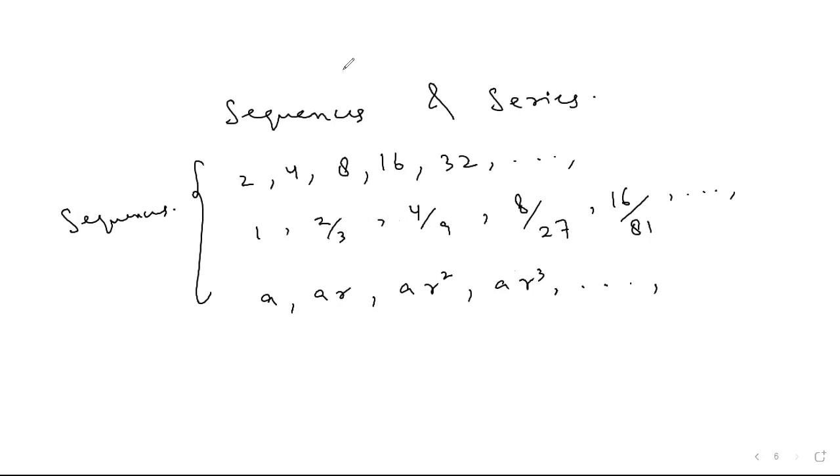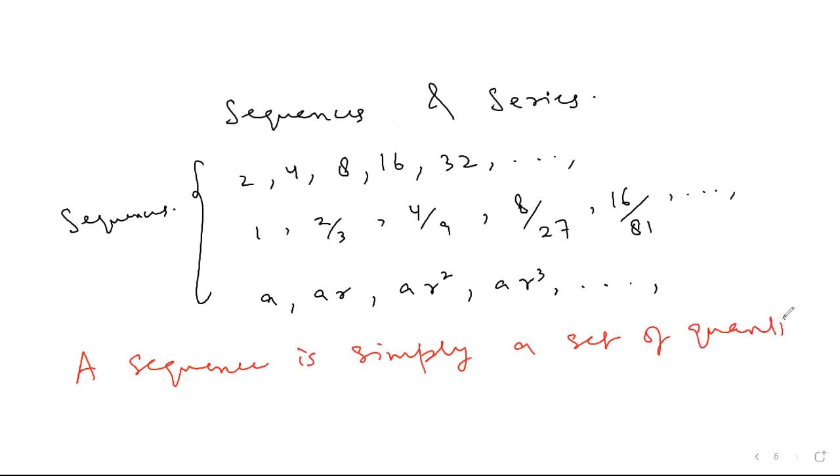So what is a sequence? A sequence is simply a set of quantities, one for each n.